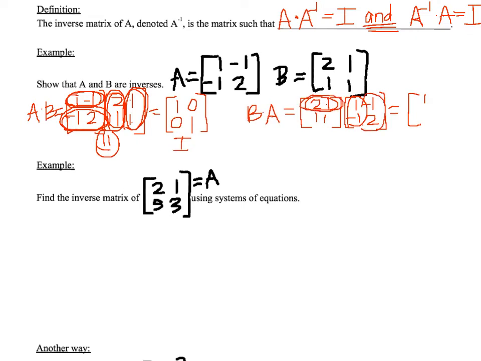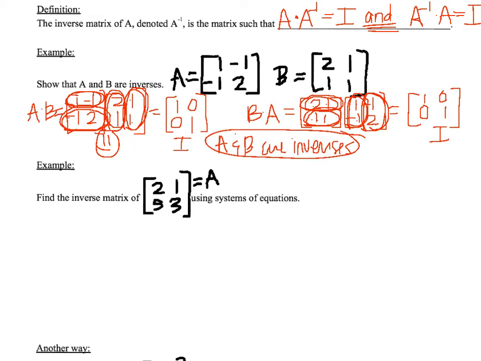First row by second column, 2 times -1 plus 1 times 2 gets you 0. Second row, first column, 1 times 1 plus 1 times -1 is 0. And second row, second column, 1 times -1 plus 1 times 2 is 1. Again, this is the identity. Because you get the identity in both directions, you can say that A and B are inverses.